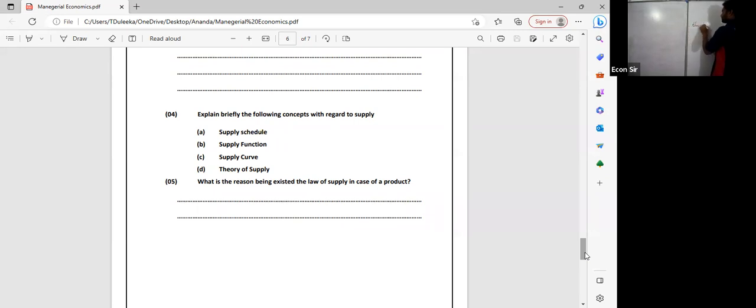The theory which is contained of all the concepts with regard to the concept of supply.